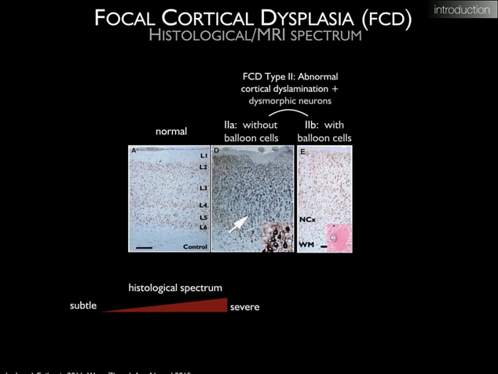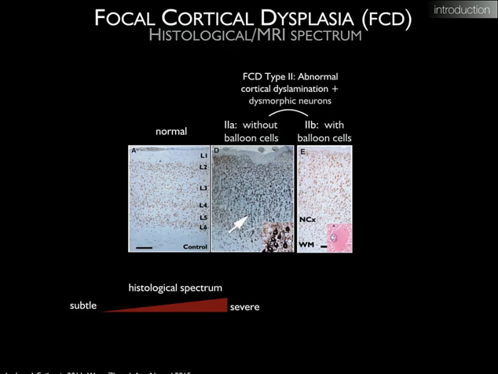When you compare it with the control, you see there's a lot of disruption of the tangential and radial dyslamination. And in absence of balloon cells, these are enlarged neuron cells with peripheral nuclei and a glassy cytoplasm. And in the presence of balloon cells, it's type 2.